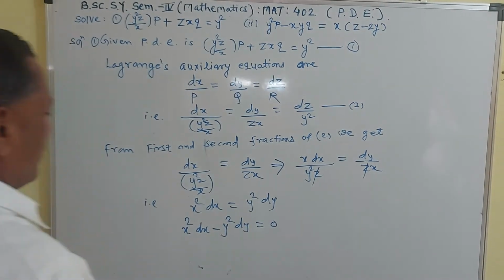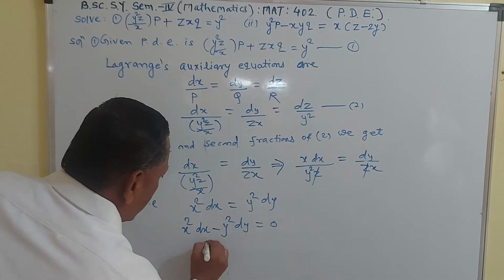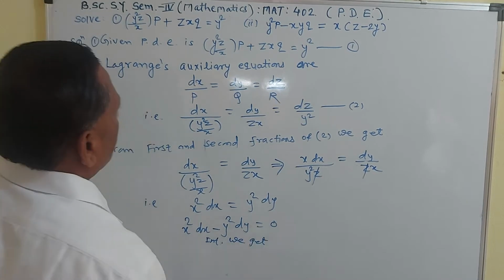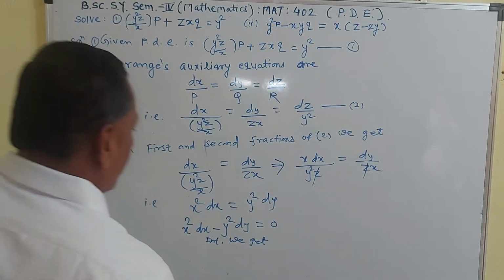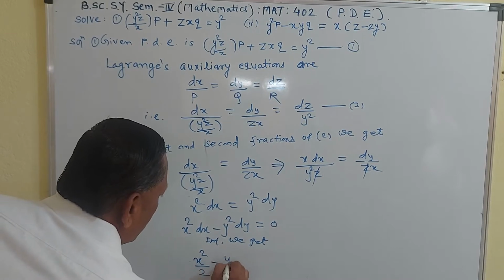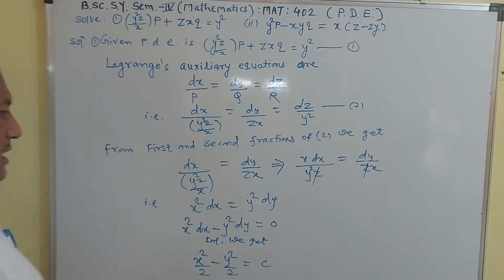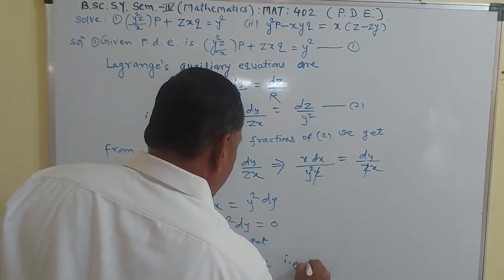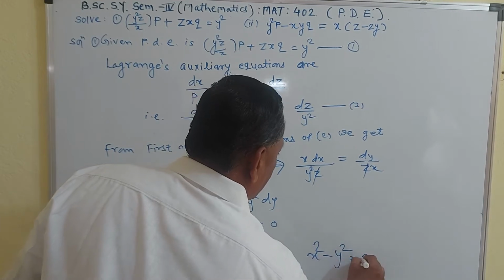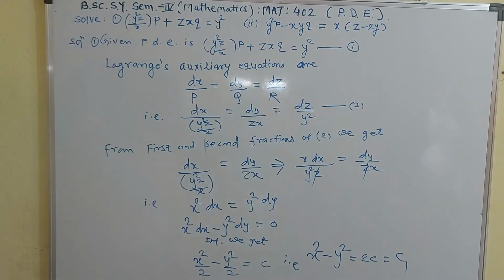Then integrating on both sides we get x square upon 2 minus y square upon 2 is equal to some constant, that is x square minus y square is equal to 2c, and 2c is again a constant, suppose it is equal to c1.